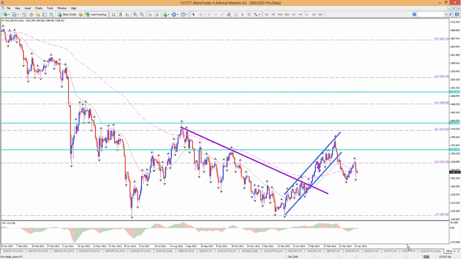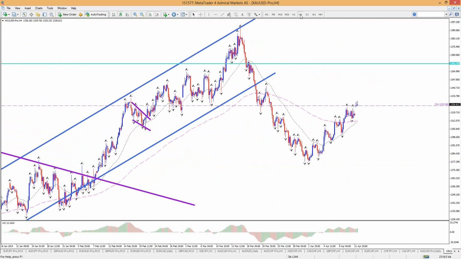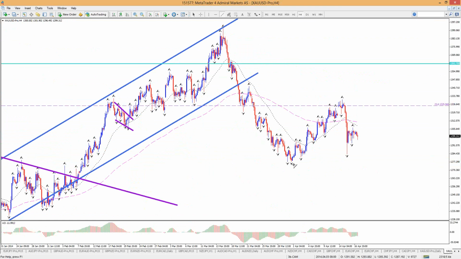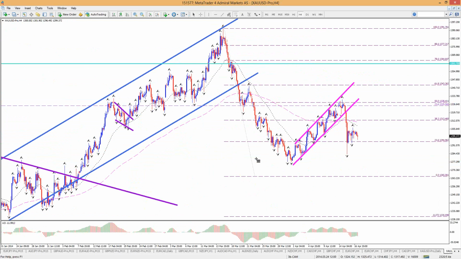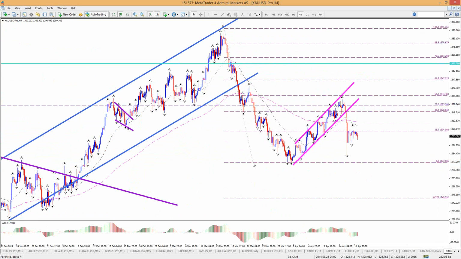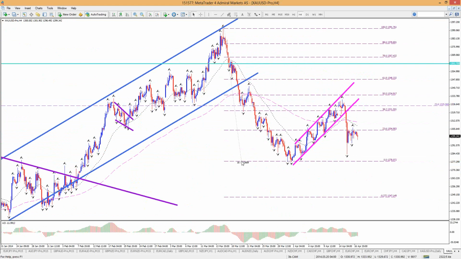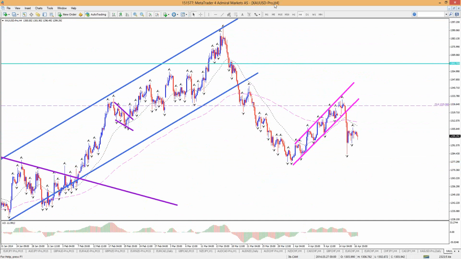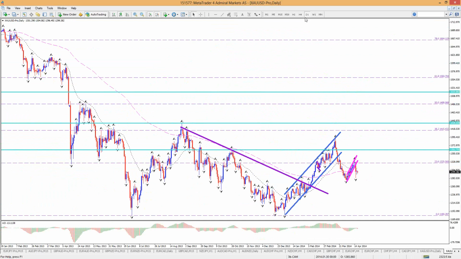Gold. Let's take a look. Well, indeed it broke this upside channel here. Let's take a look at which fib. Close to the 50, didn't hit it though. So gold is quite funny.